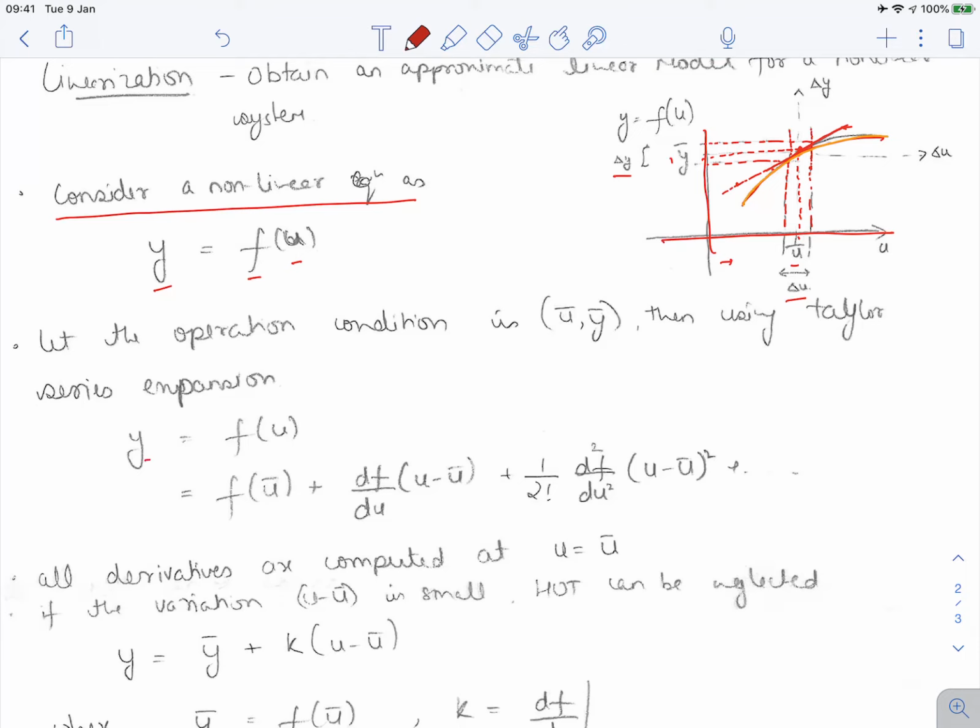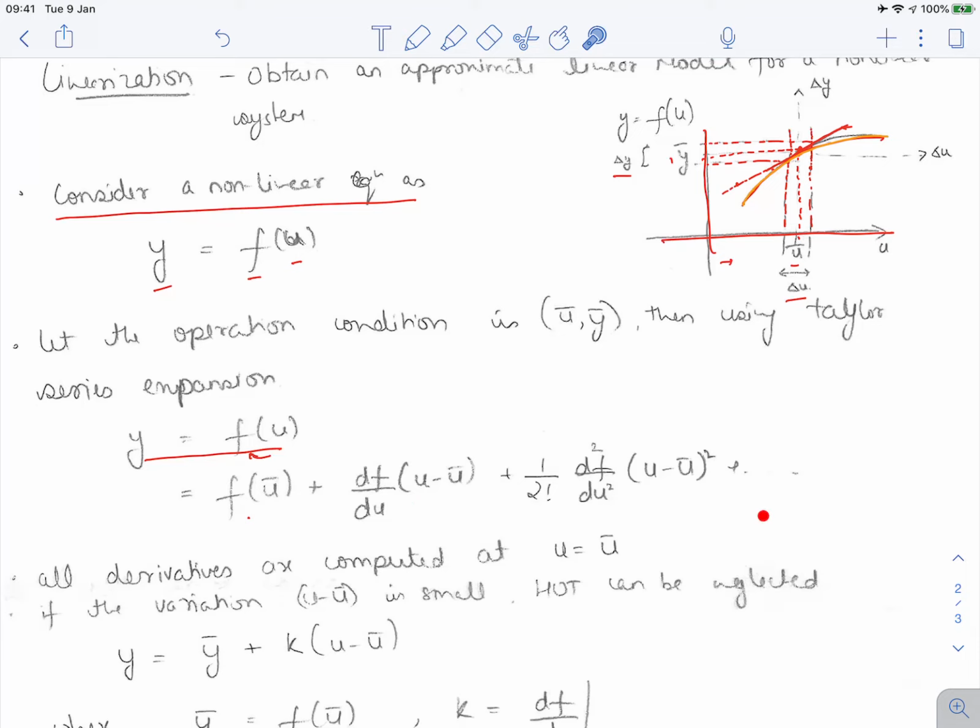So starting with y is equal to f of u, for this f of u function I will write a Taylor series around the operating point u bar. So if you recall, the Taylor series is written as f of u bar, plus the first derivative of function f with respect to u multiplied by u minus that operating point u bar.